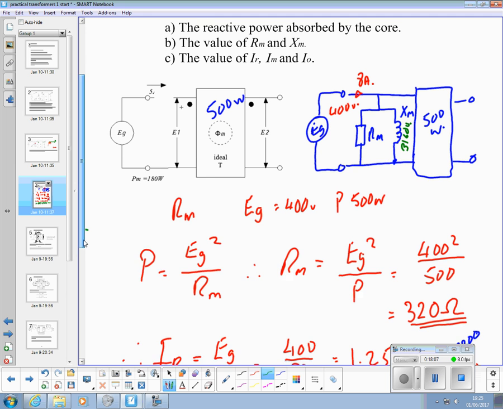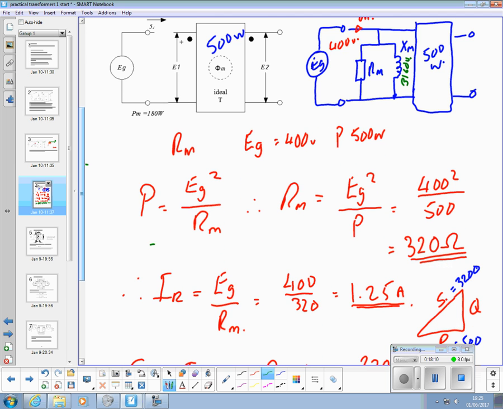So where we used this formula with P, the voltage, and Rm, and rearranged it to find Rm, we can use another version of that, Q, that voltage squared, but underneath Xm, and rearrange it to find Xm. At the moment we're ignoring any angles because all we're talking about is the magnitudes of these things.